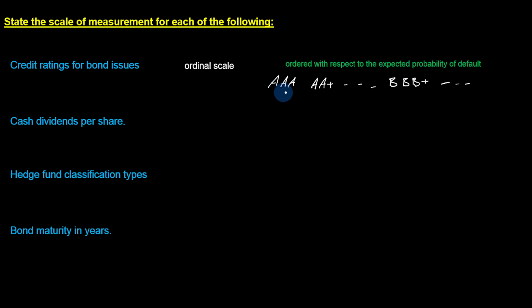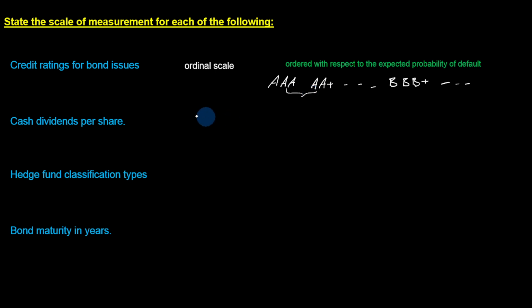I can understand that a triple A rating is better than triple B plus, and when I say better, I mean it has a lower expected probability of default compared to triple B plus. But still, I don't know anything about the distance between the ratings, so that makes it an ordinal scale.